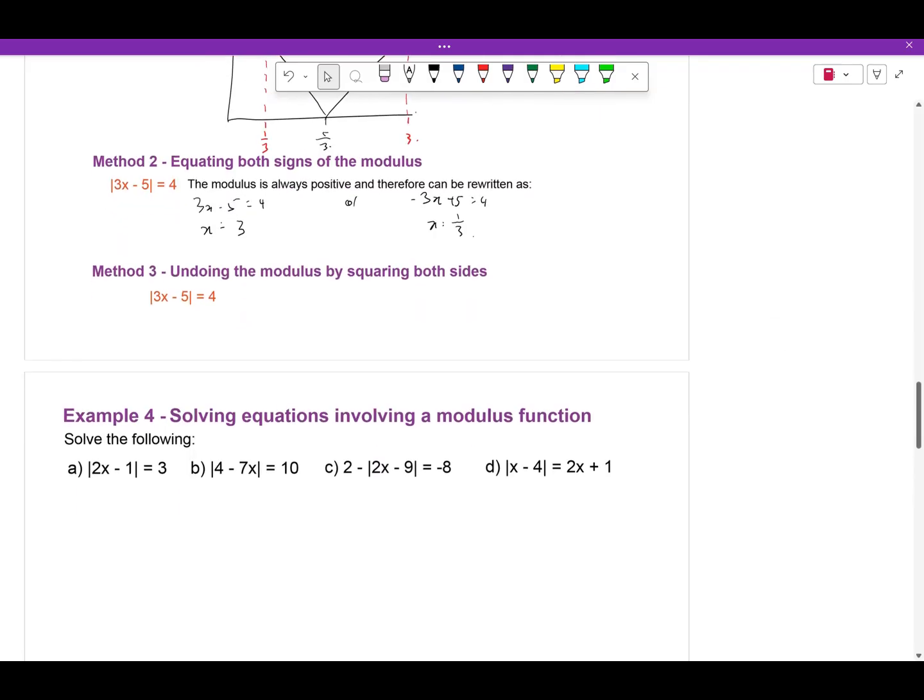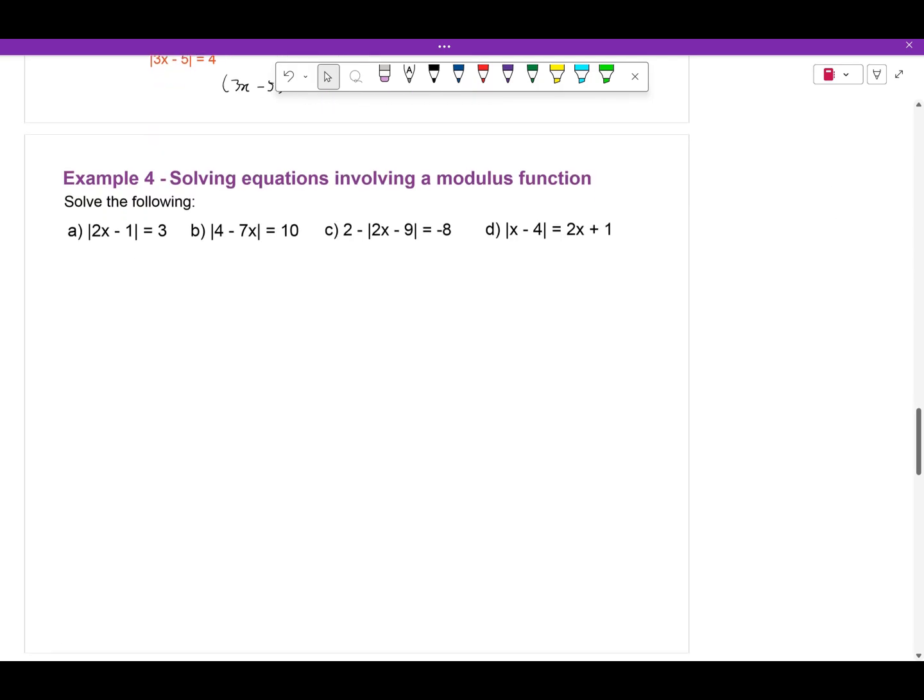The other method is just squaring both sides, so whether it is negative or positive, I solve it out. But it is a bit more complex because we involve a quadratic. Let us try the quick method.